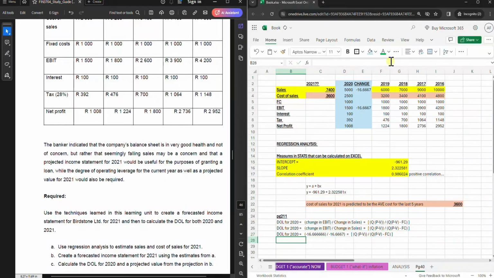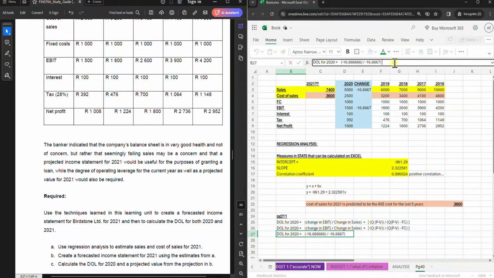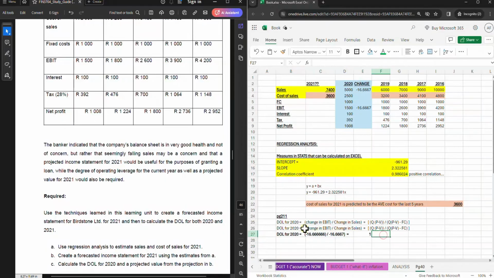So the degree of operating leverage equals change in EBIT divided by change in sales, which would be 1 for this business.